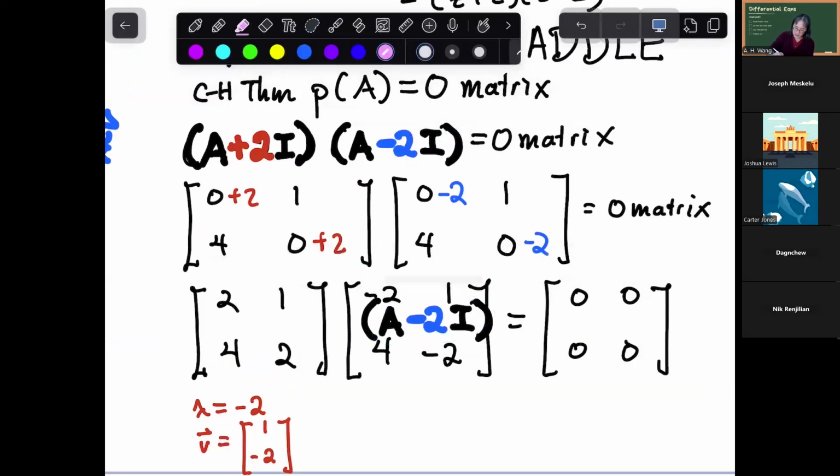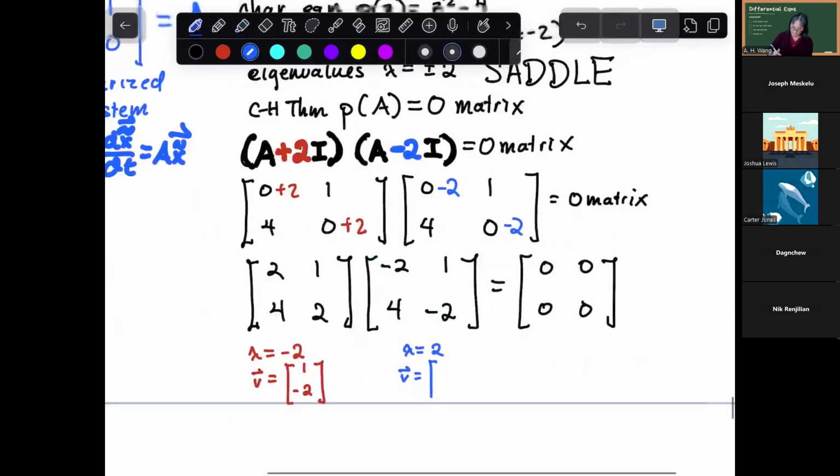And it's acting on this guy to give you the 0. It's acting on this guy to give you this 0. So that being the case, if lambda is equal to +2, what is a good eigenvector for that one? 1, 2.